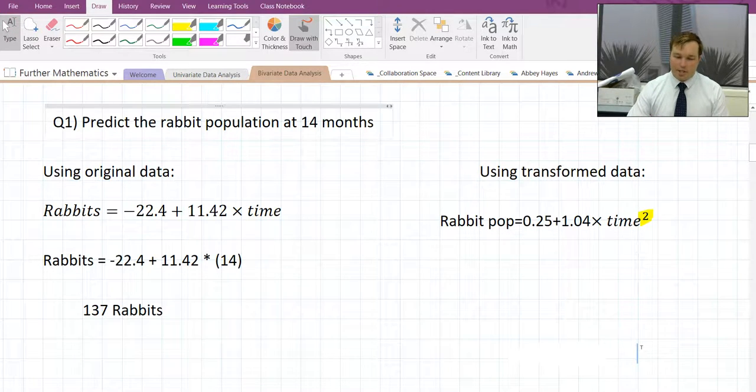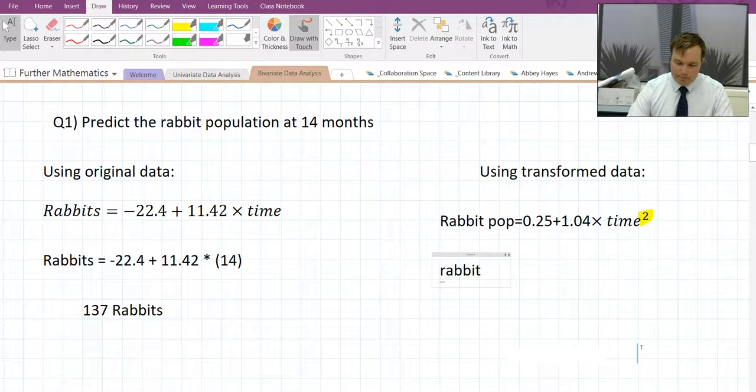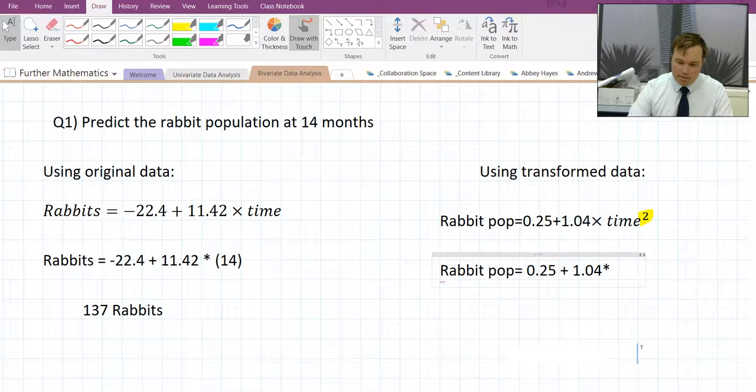Now, if we want to make our prediction at the 14-month stage, well, that's rabbit pop will be equal to 0.25 plus 1.04 multiplied by 14 squared.